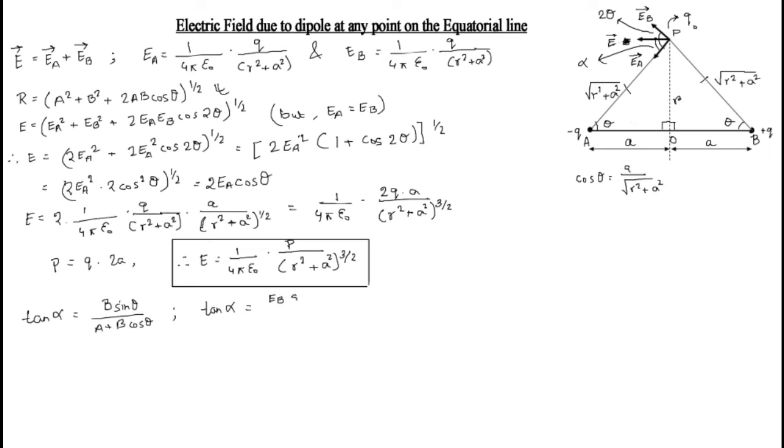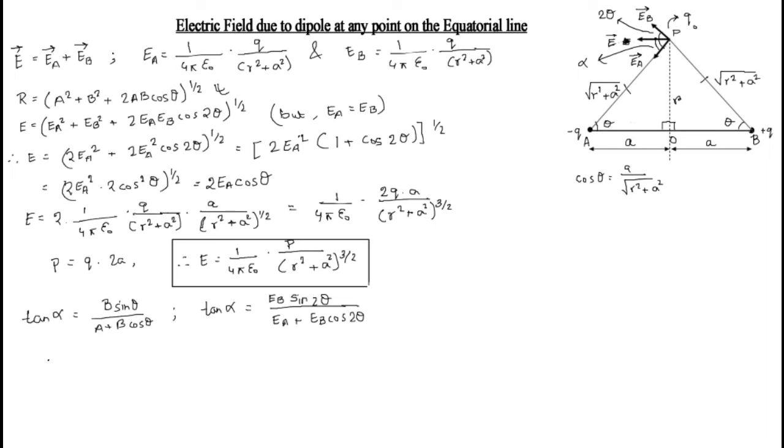Now here theta is 2 theta, because in our case the angle of separation between these two vectors, EB vector and EA vector, is 2 theta. So it becomes EB sin 2 theta by EA plus EB cos theta. Now again theta is 2 theta.